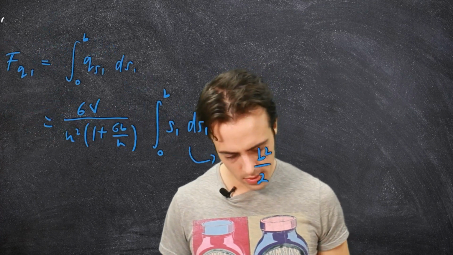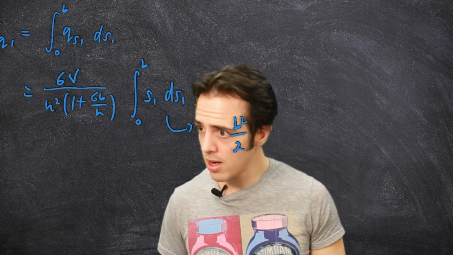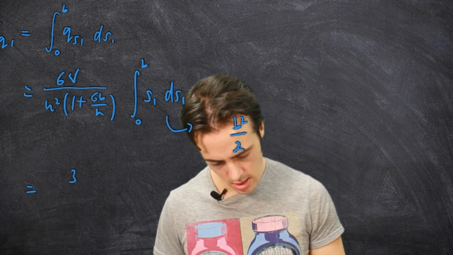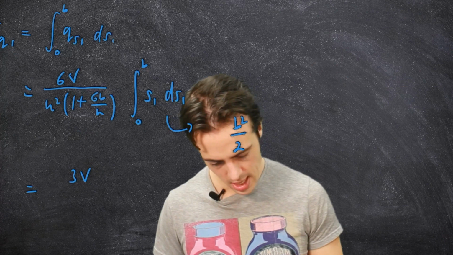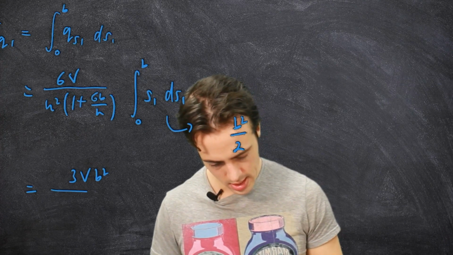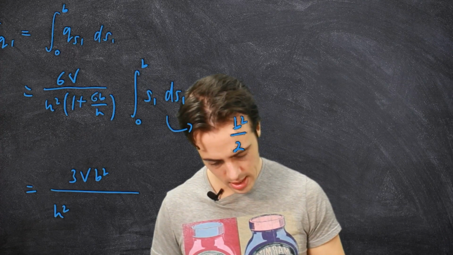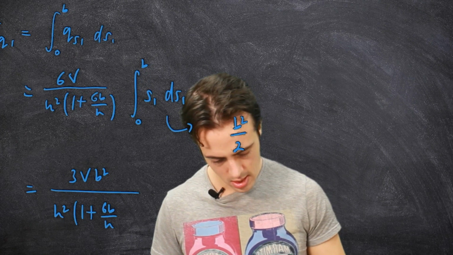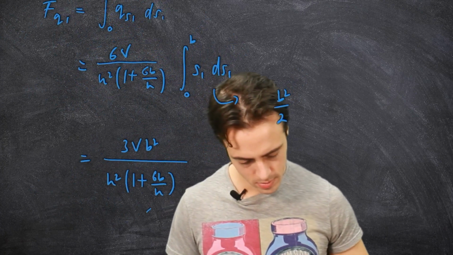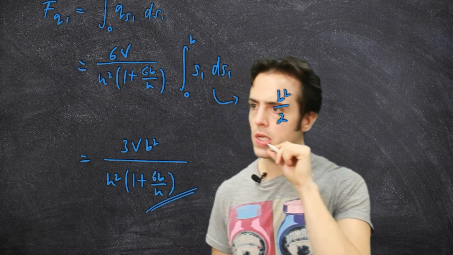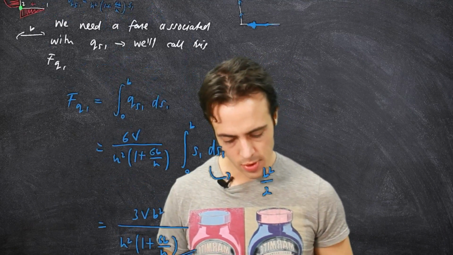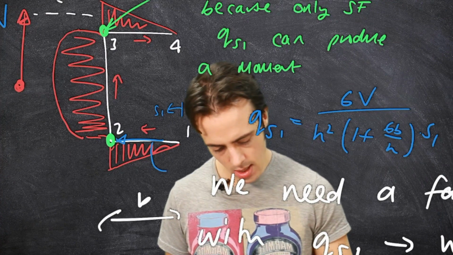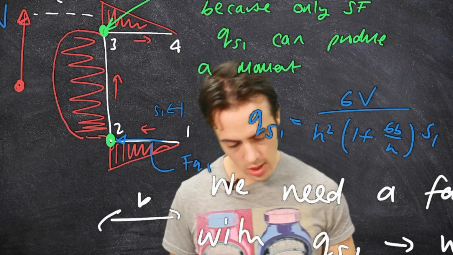So let's write this up fully now. This is going to be 3 v b squared divided by h squared 1 plus 6b on h. So that is the moment, sorry, it's not the moment, that's the force being produced along here. So we know there is a force here, FQ1.